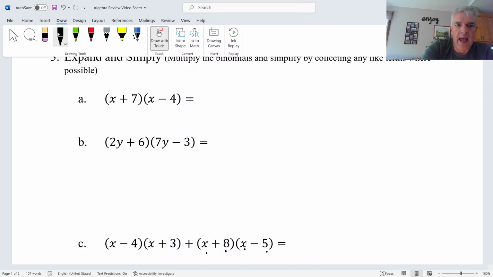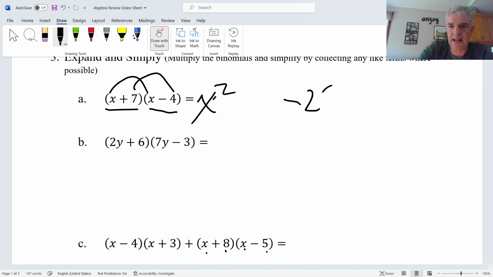Okay, so x plus 7 is what we're going to multiply times x minus 4, and those are both binomials. We cannot simplify them because they are not like terms, but we can multiply them. And what we do is we multiply the two x's and we get x squared. Okay, that's the first step. And then I suggest to students multiply the two numbers to get the last term, and that is 7 times minus 4, which is minus 28.